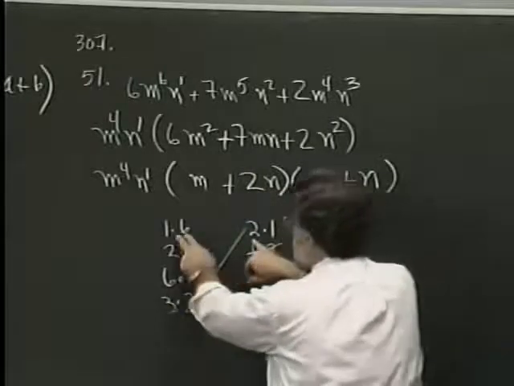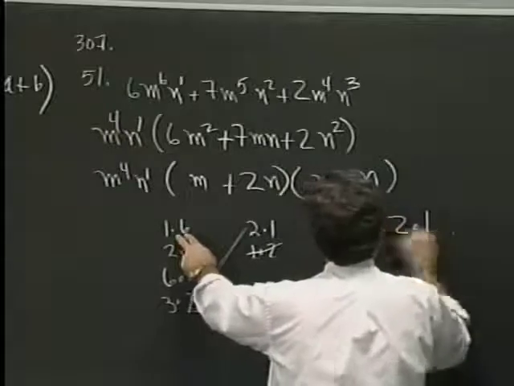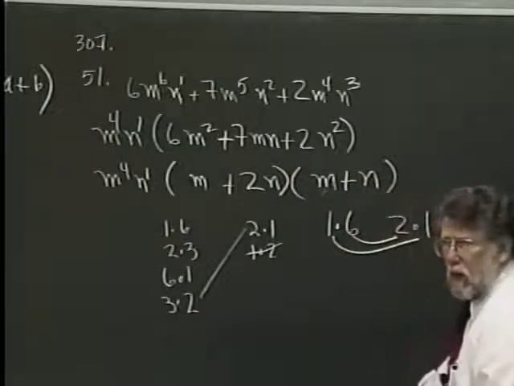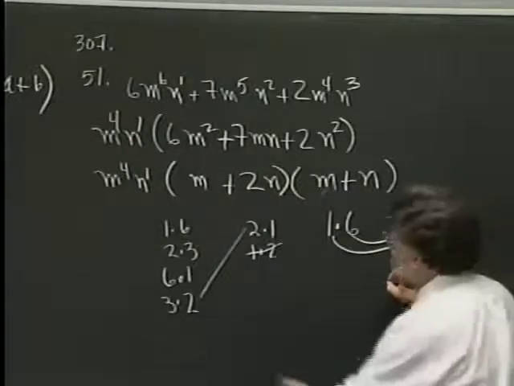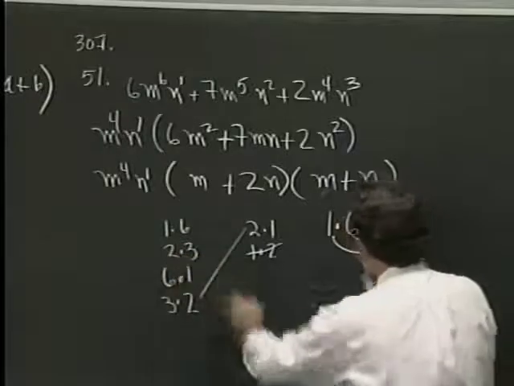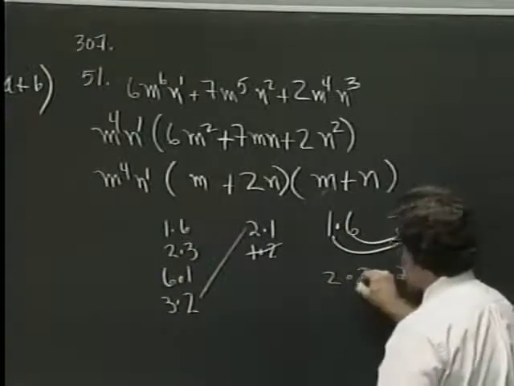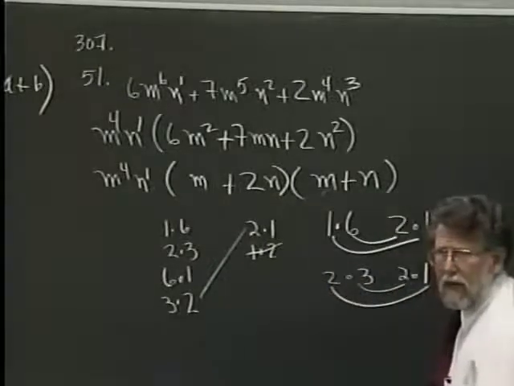But you could just come across, and so what I'm seeing mentally is that 1, 6, 2, 1. So I'm seeing a 12 and a 1, which is 13. Then I see what? The 2, 3, 2, 1. And what I'm hoping is that you see these in your head without writing them down.